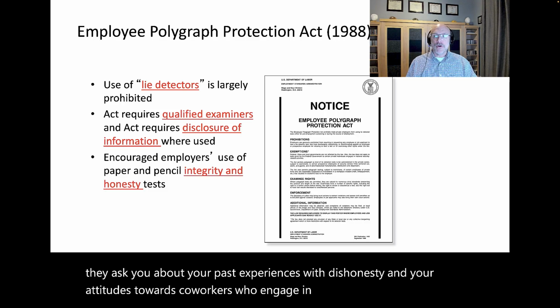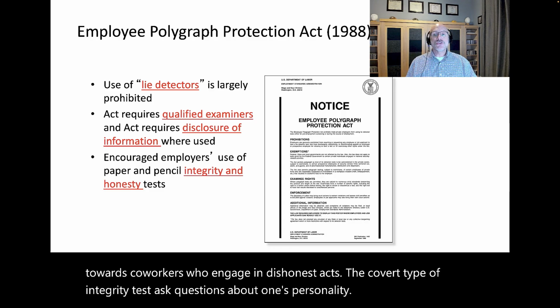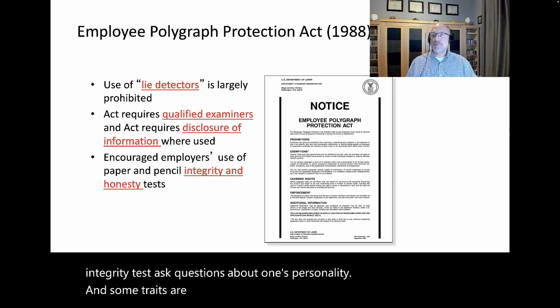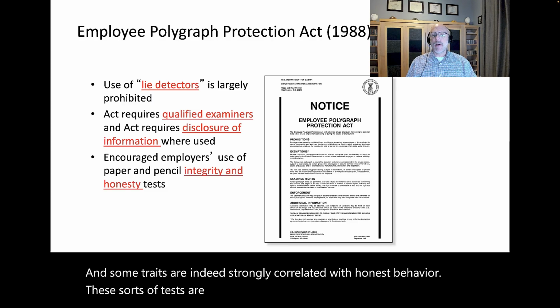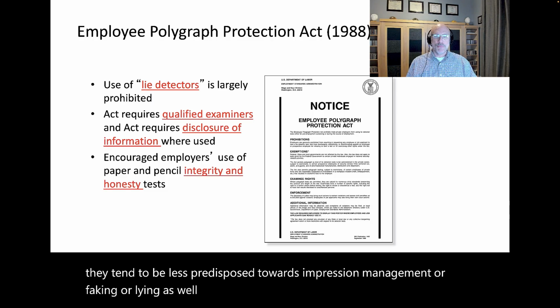The covert type of integrity test asks questions about one's personality, and some traits are indeed strongly correlated with honest behavior. These tests are not so in your face about what they are asking, and they tend to be less prone to impression management, faking, or lying, as well as being much more palatable to applicants. Let's move on.